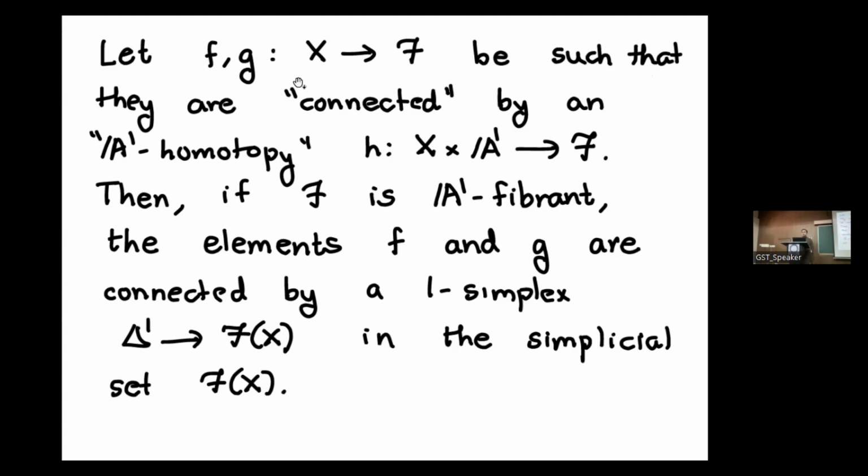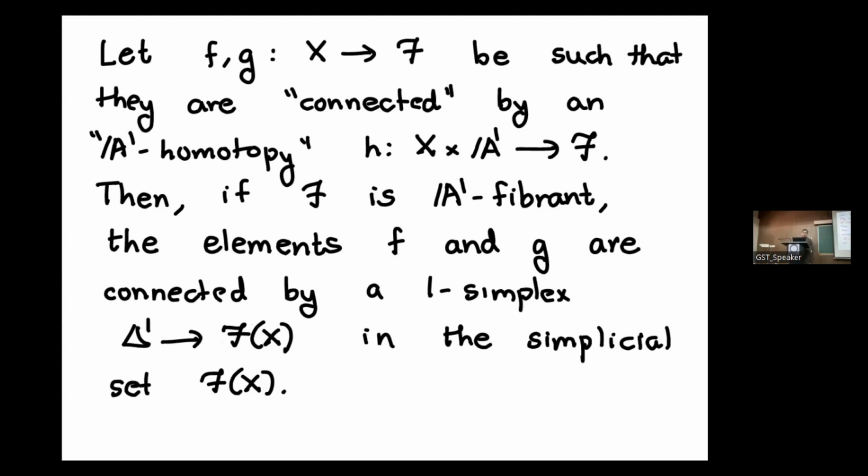So this is what I mean by an A1 homotopy connecting f and g. Now if F is A1 fibrant, then these elements f and g are supposed to be connected by a one simplex, delta 1, inside the simplicial set F of X.